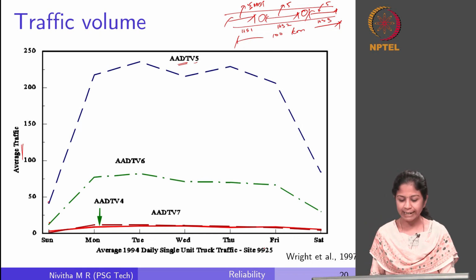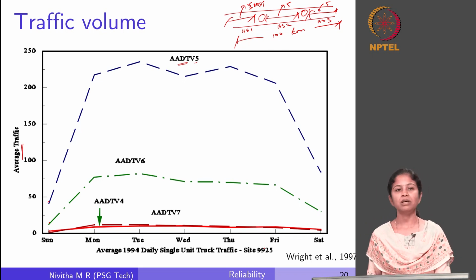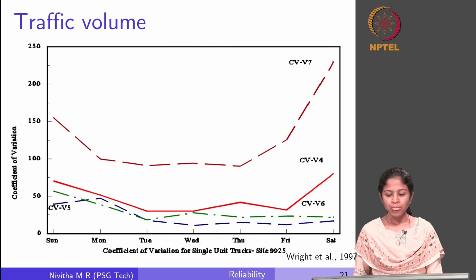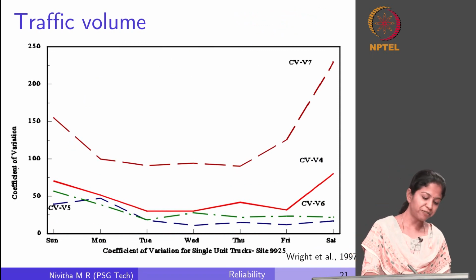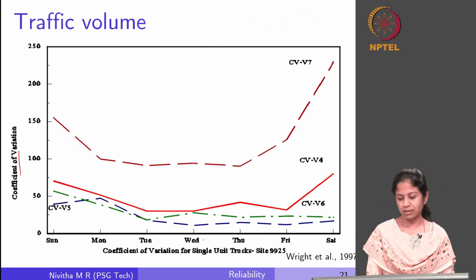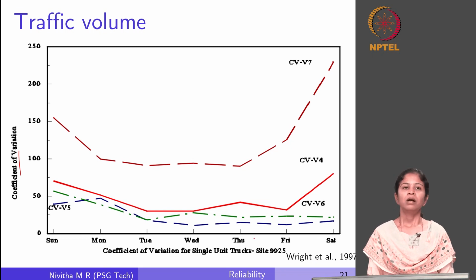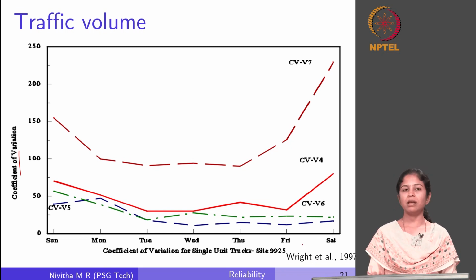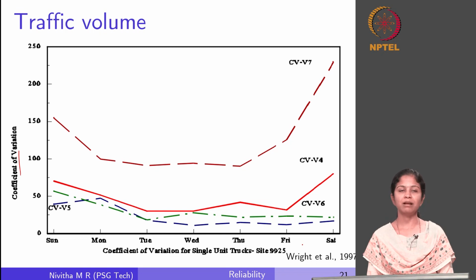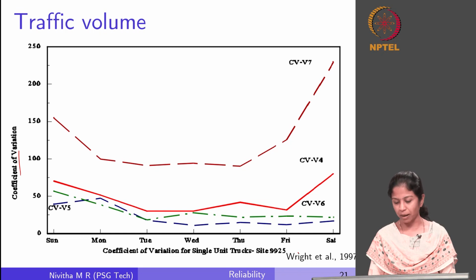So now this is the AADT variation at different locations for a given week, and if we are computing the coefficient of variation, this is the coefficient of variation for these different locations, right. So the variability is large for some locations and less for some cases. So like we quantified the coefficient of variation for material parameters, we will be able to do the same thing for traffic related parameters also.